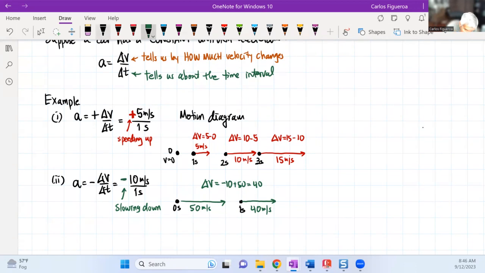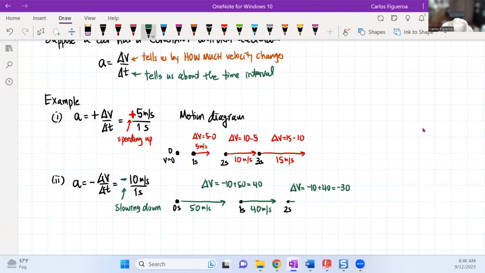And then let's say after 2 seconds, now my velocity is changing again by minus 10 meters a second, but it was going 40, so now it is moving 30 meters a second.